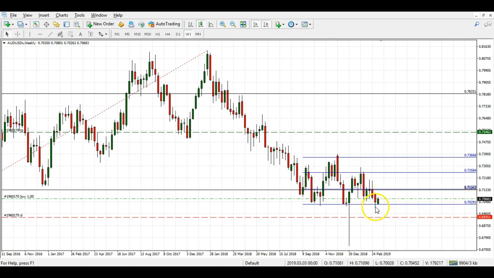Take a look at this amazing touch base. I mean, there were probably about 1, 2, 3, 4, 5 attempts to break below 70.29, just to show you what an incredible support that is. And I think it's going to hold, right?